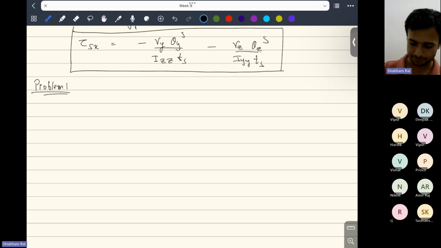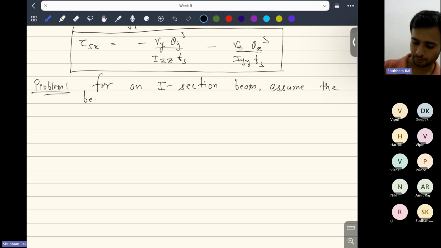It says for an I section beam, assume the beam is subjected to a transverse load.